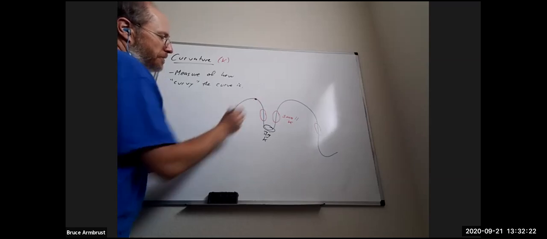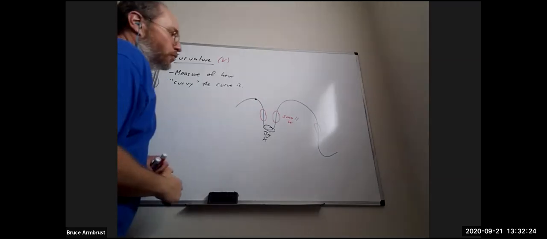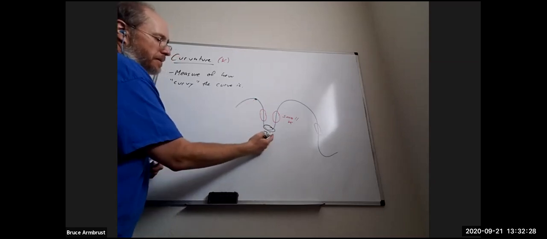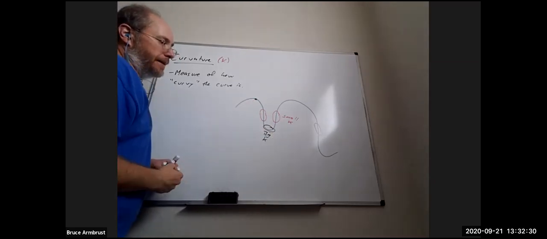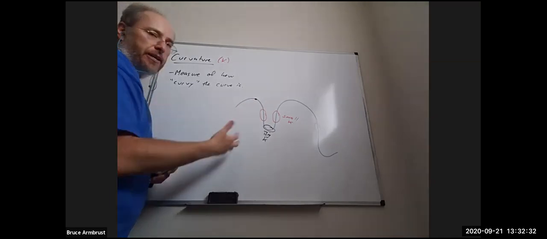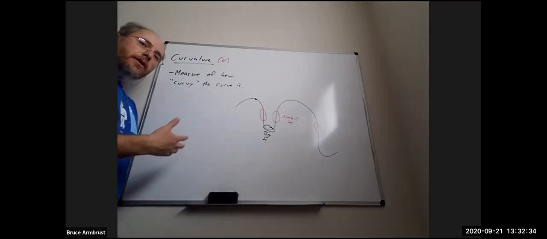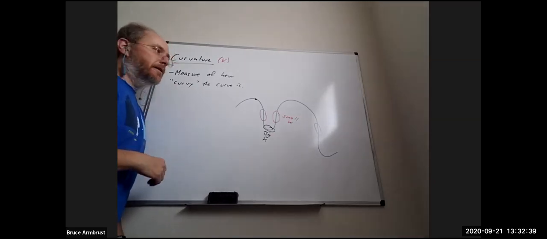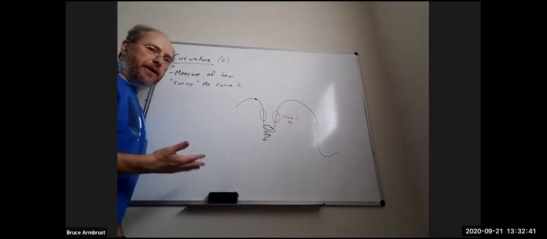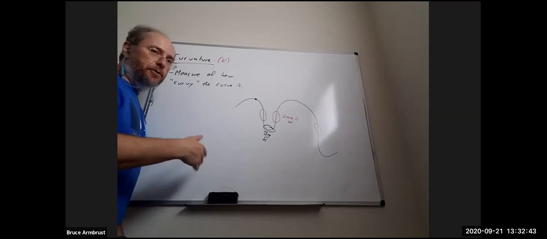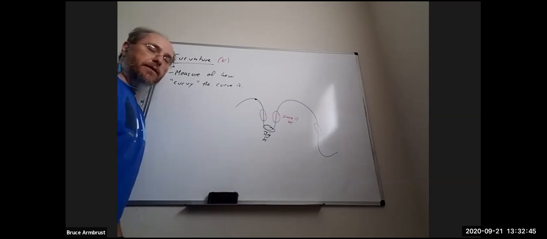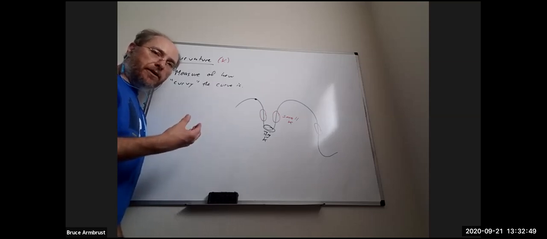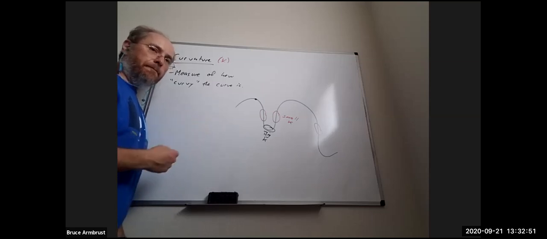Out at this point, for example, the curvature is going to be greater than in these red areas, but it's going to be smaller than where I circled in the black because it's not as tight of a curve. Okay, so the curvature number, and there's a number for curvature, is going to vary from 0 up to as big as you want. The greater the curvature, the tighter the curve.